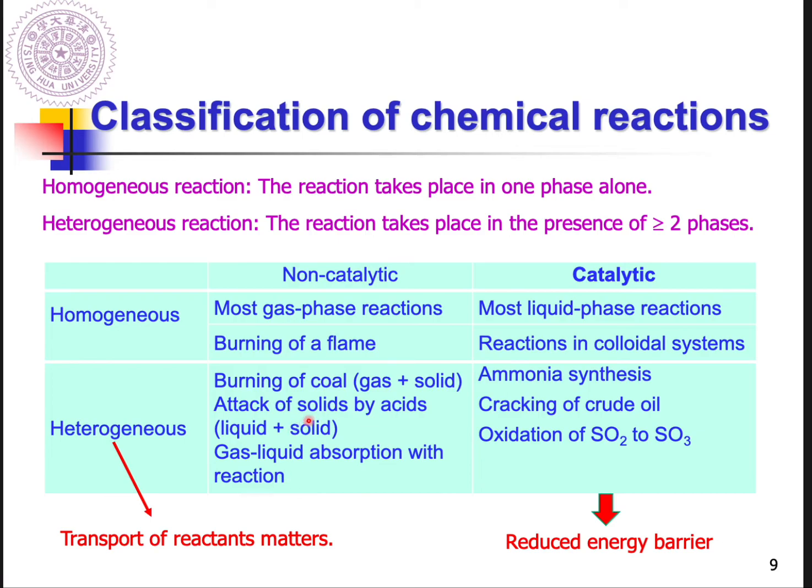But for the heterogeneous one, for example, when the reactants are gas and solid, liquid and solid, or gas and liquid, we need to think about how fast the gas can be transported to the surface of a solid. So we need to consider the transport part, and also the transport of liquid molecules to the surface of a solid.